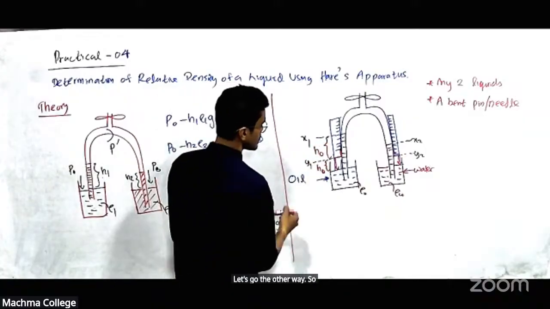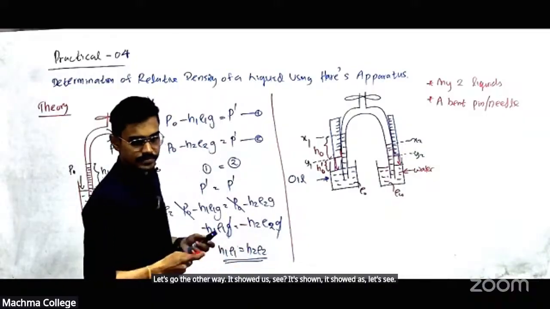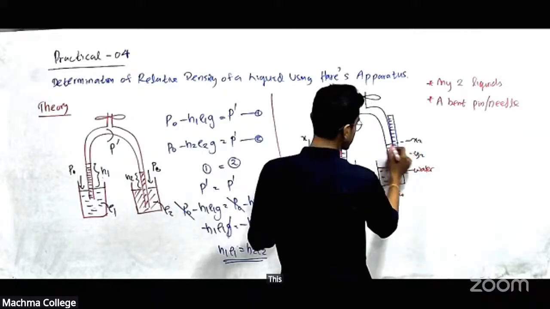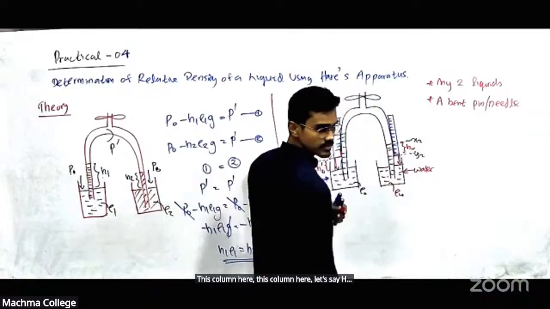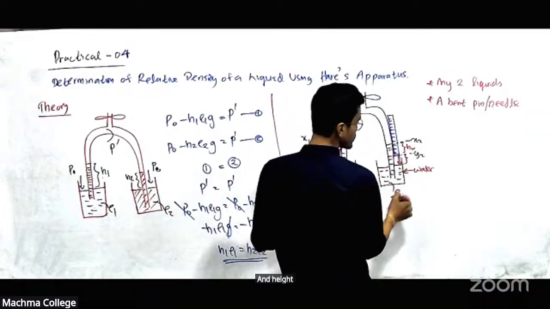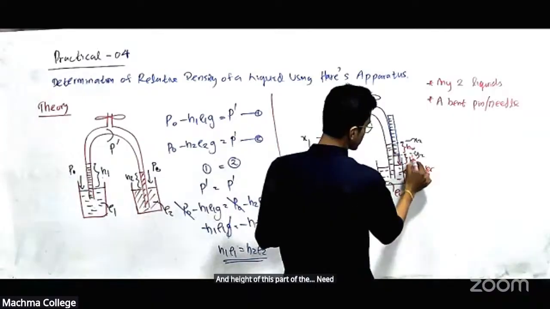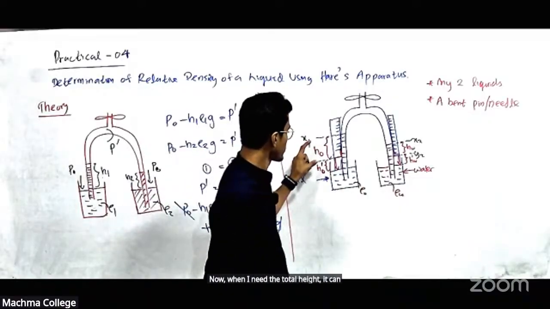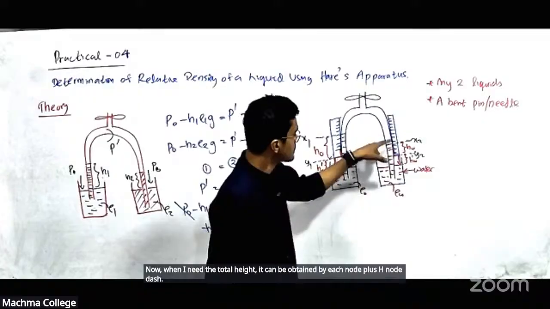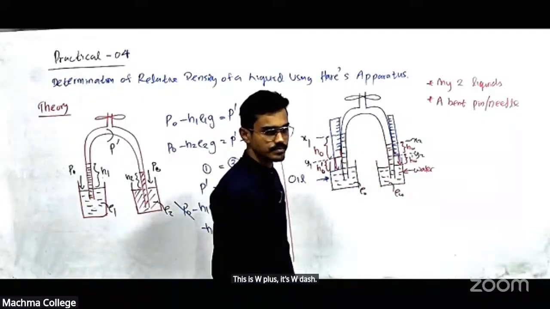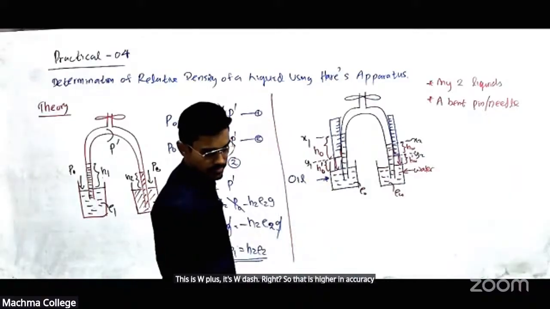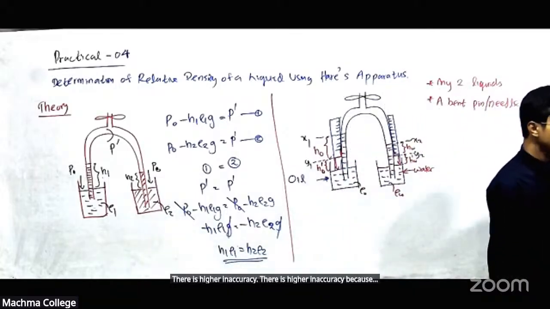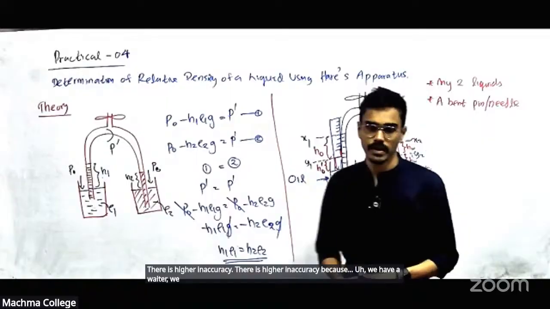And on this side, the height of this column is HW, and the height of this part of the needle is H dash W. Now, the total height can be obtained by HO plus HO dash, and HW plus HW dash. So that is higher in accuracy, because we have omitted the impact from refraction.